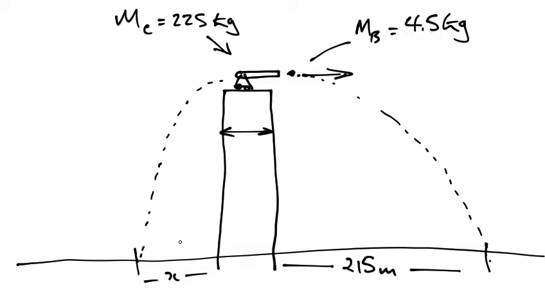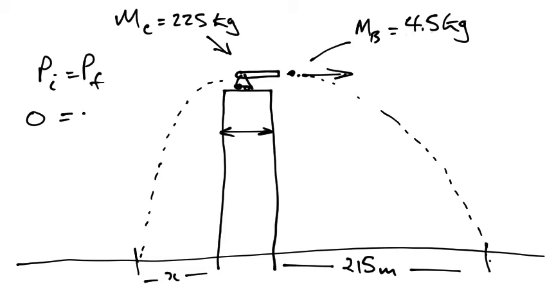Well, one of the first things that we need to realize is that this is an explosion. So let's write down our conservation of momentum. And I can say initially there is no momentum. Nothing is moving before the cannon fires.